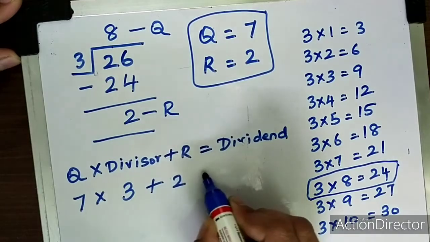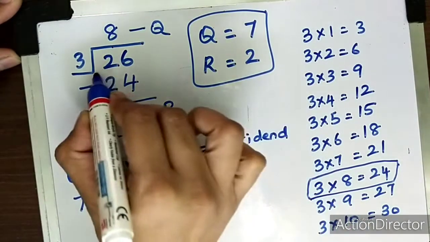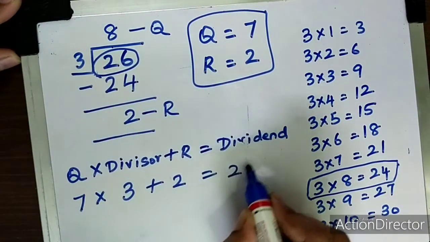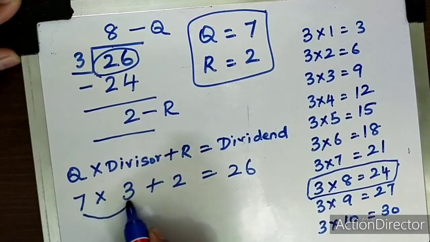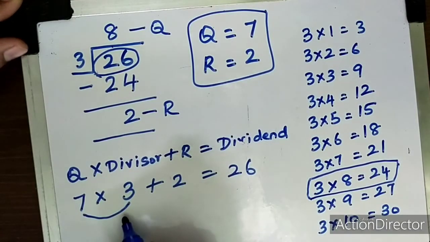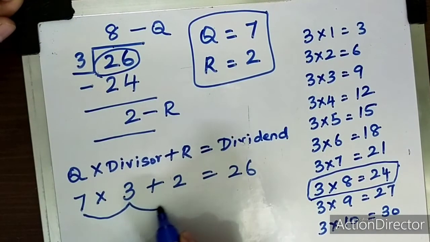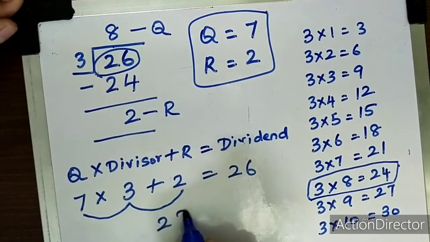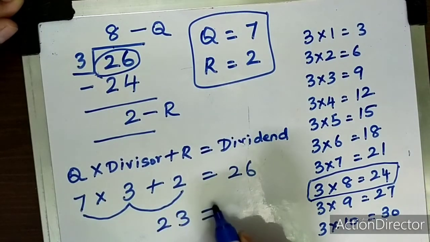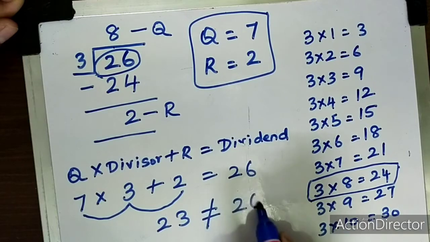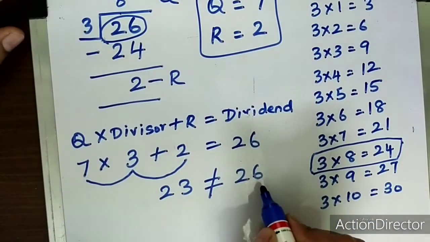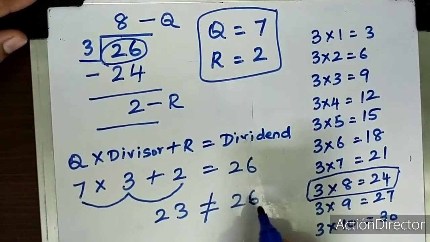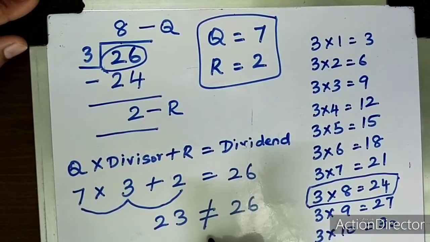Quotient is 7 into divisor 3 plus remainder 2 is equal to what we should get, 26. What are 7 3s? 7 3s are 21. 21 plus 2 is 23. So 23 is not equal to 26. So the sum is wrong.